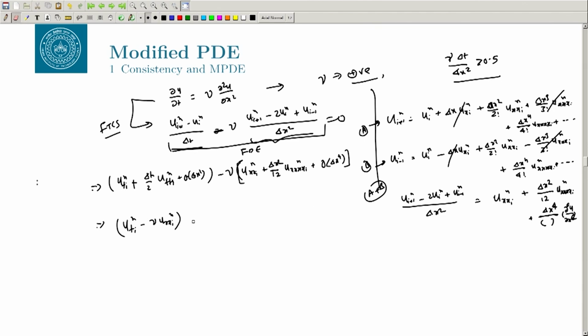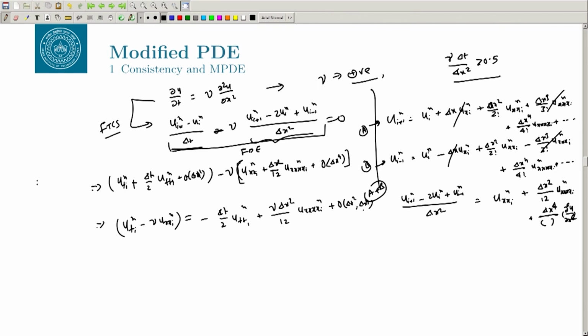So that will become minus delta t by 2 utt at i n, and minus that will be plus nu delta x square by 12 times the fourth derivative at i n, plus order delta t square, delta x to the power 4.